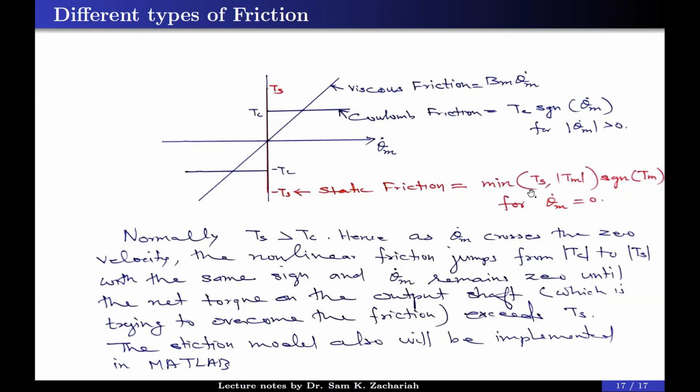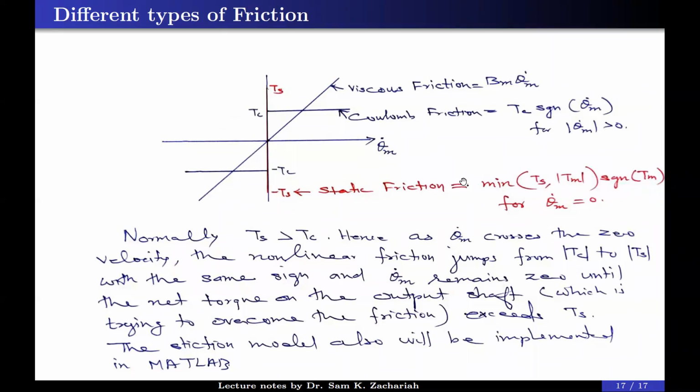That's what I have written. The static friction will be the minimum of Ts, the upper limit of stiction, and whatever the applied force, and it will oppose the applied force, that is the signum function of Tm. If you are pushing, it will give a reaction in the opposite direction.